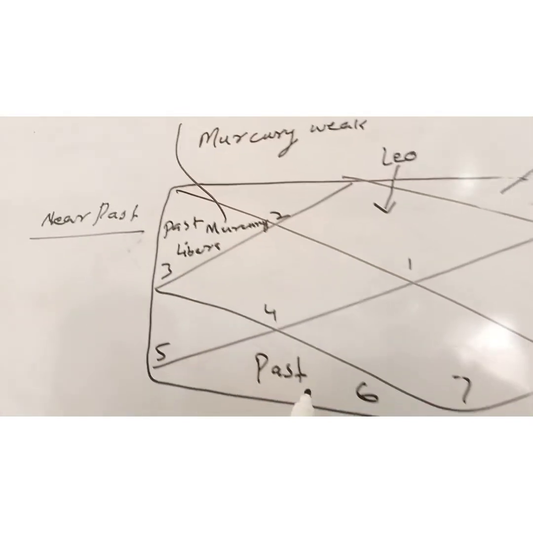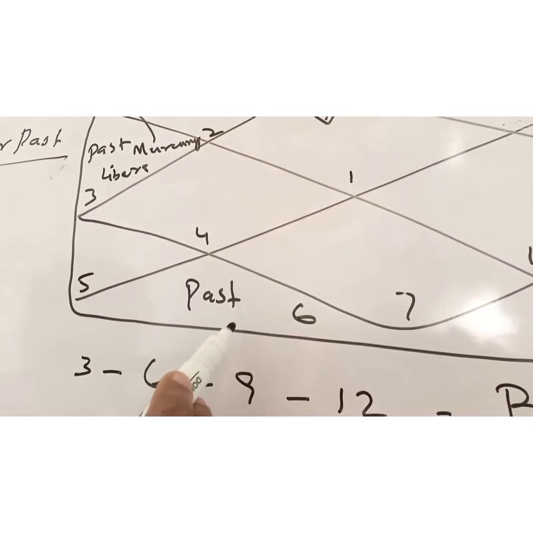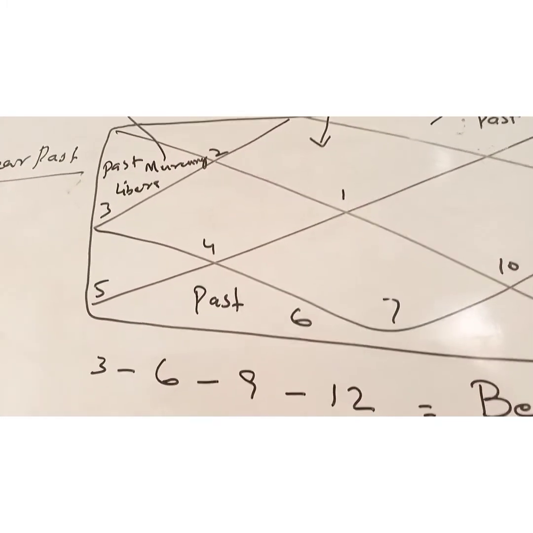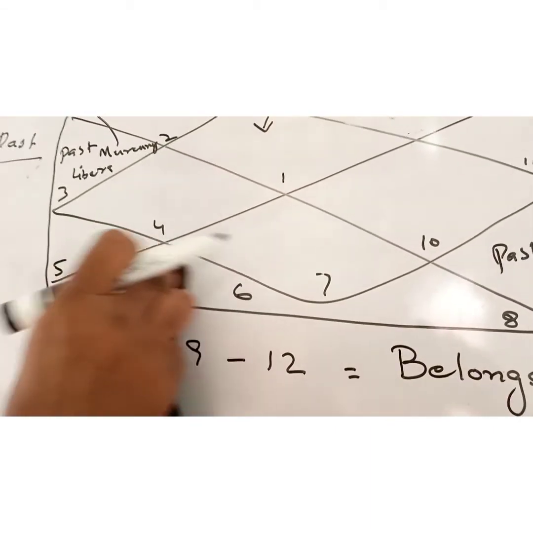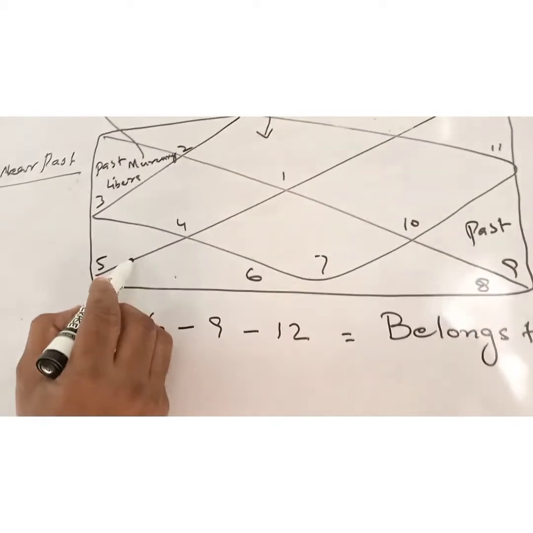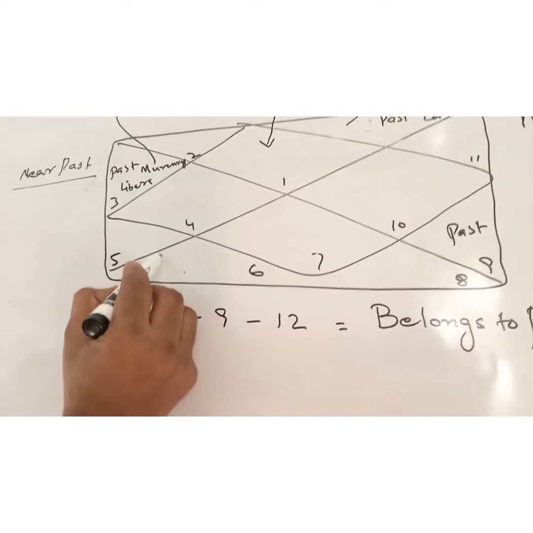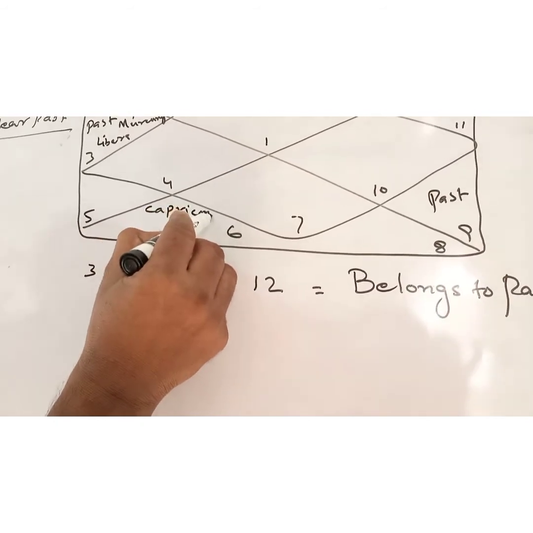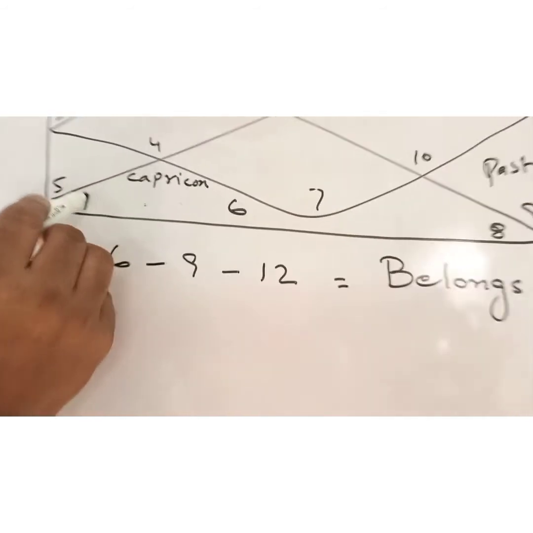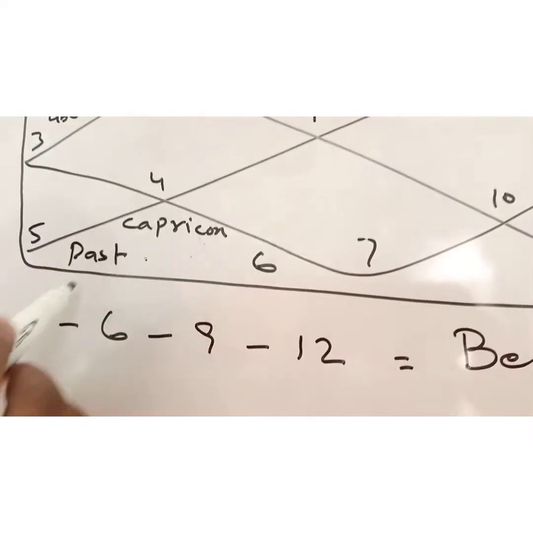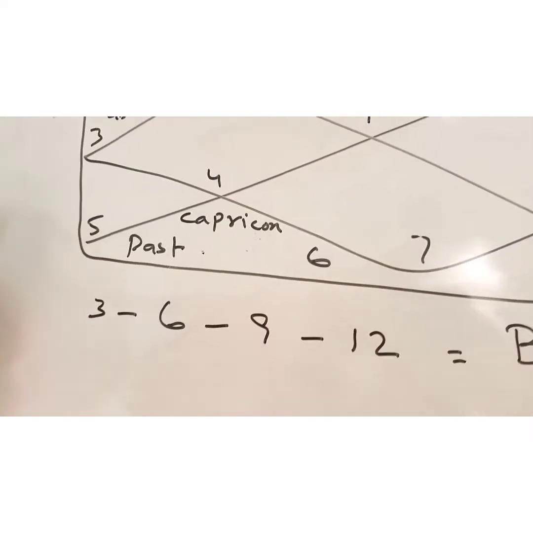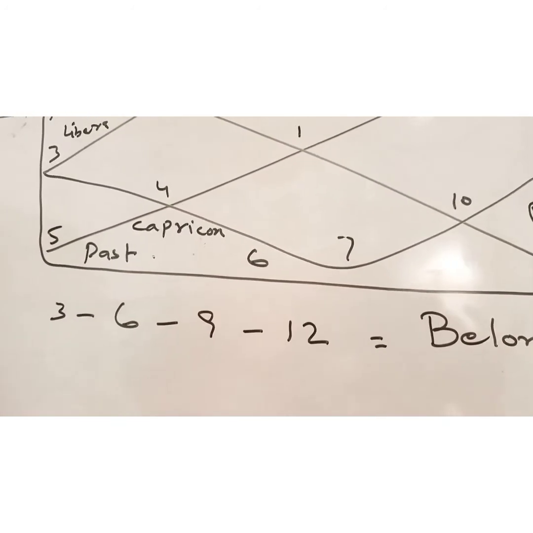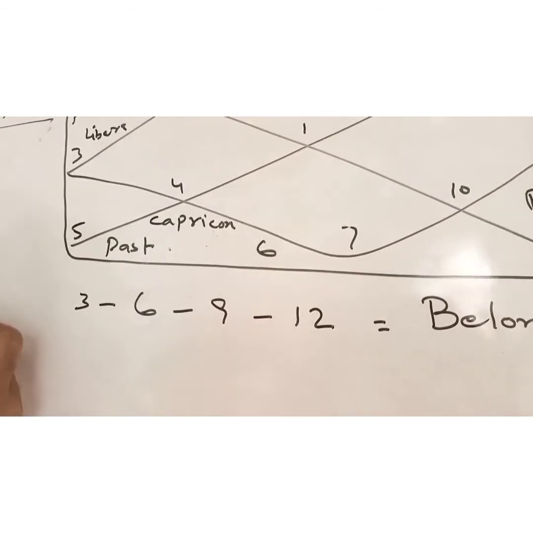And suppose this sixth house is Capricorn. If the sixth house is Capricorn, then this house is much more past.